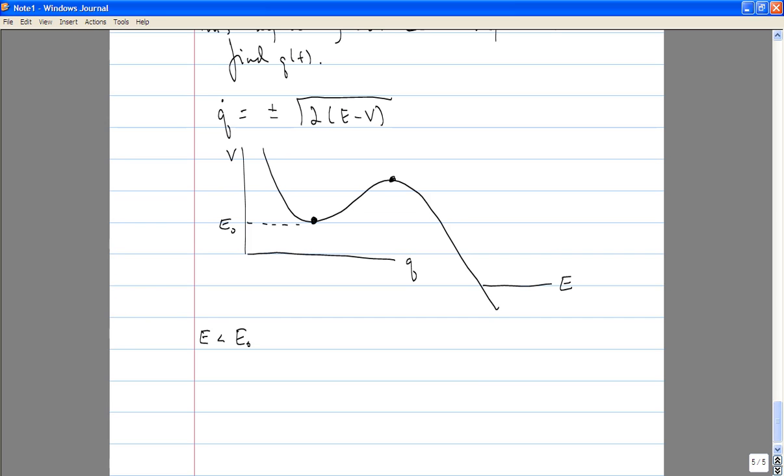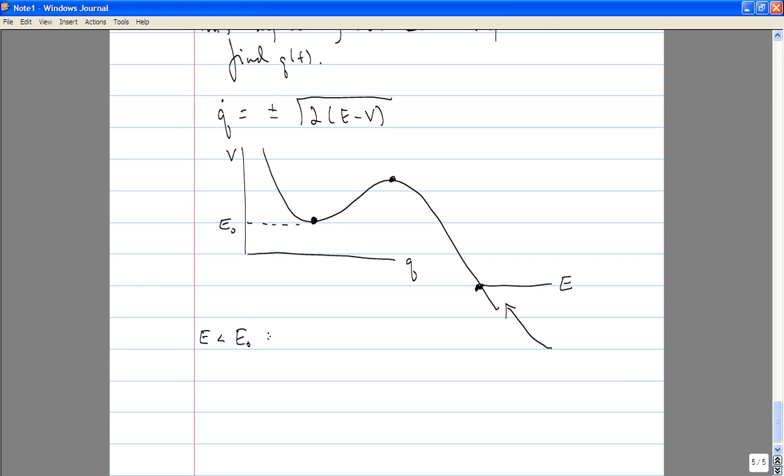If E is less than E naught, then what does the dynamics of the system look like? Well, at late times, Q is all the way over here, and then it rolls up the side of the potential before coming to a stop right here where Q dot is equal to 0, and then rolling back down.